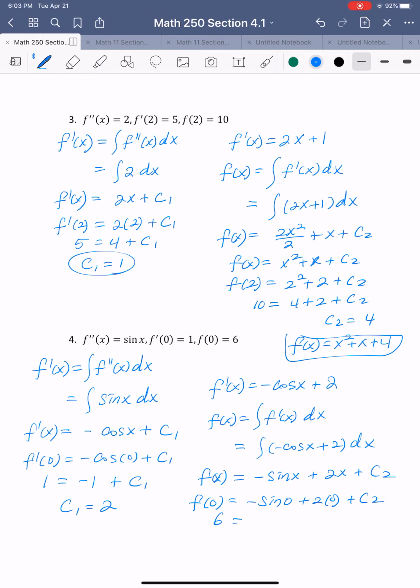Sine 0 is 0, 2 times 0 is 0, so c2 is 6. So in order to get f of x, you got negative sine x plus 2x plus 6. And that's what you're looking for. All right, thank you for listening.